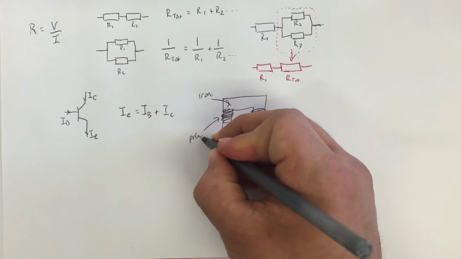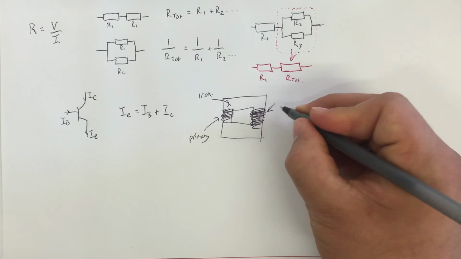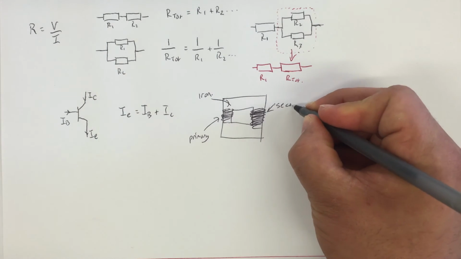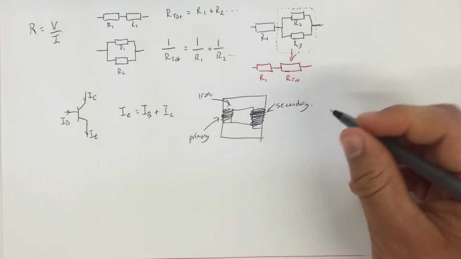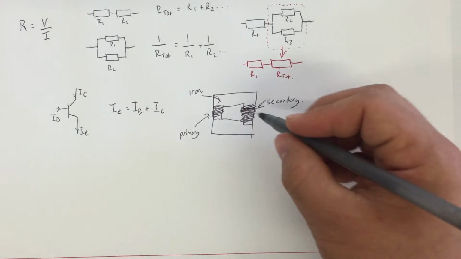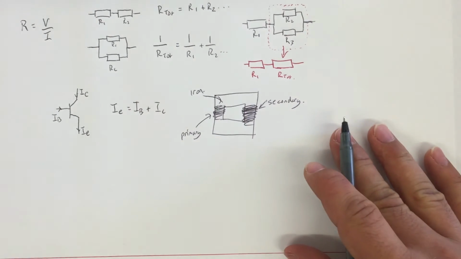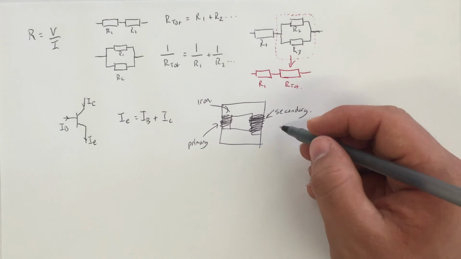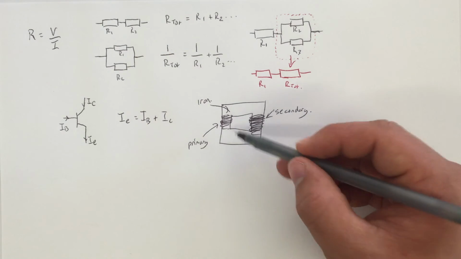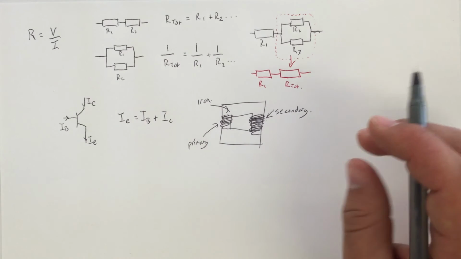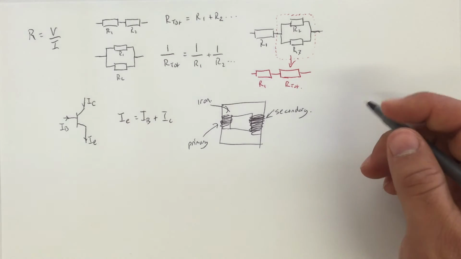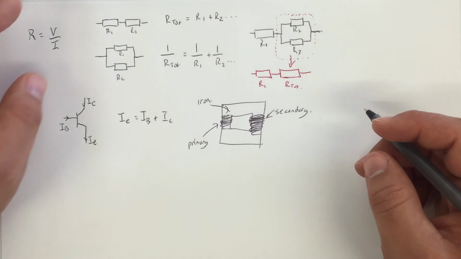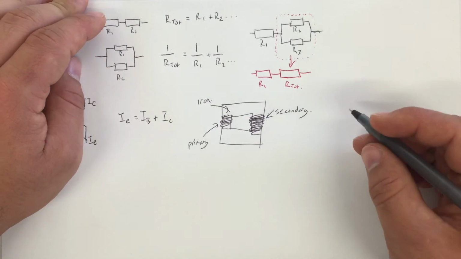You have the primary, or the input, and you have the secondary, or the output. And in this case, because there are more turns on the secondary coil than there are on the primary coil, this would be a step-up transformer. If there was less, then it would be a step down, and if they were equal, it would be an isolating transformer, which job is to isolate mains electricity in order to prevent electric shocks.